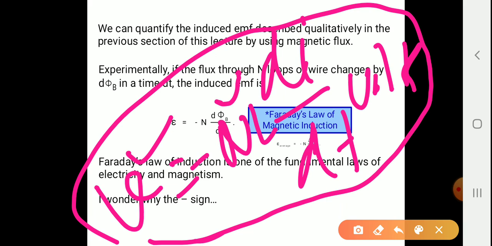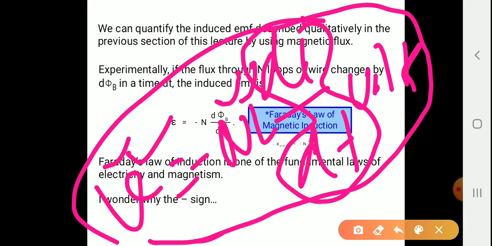Here N is the number of turns of the coil, L is the self inductance, V is the voltage of the self inductance, and di over dt is the rate of change of the current.